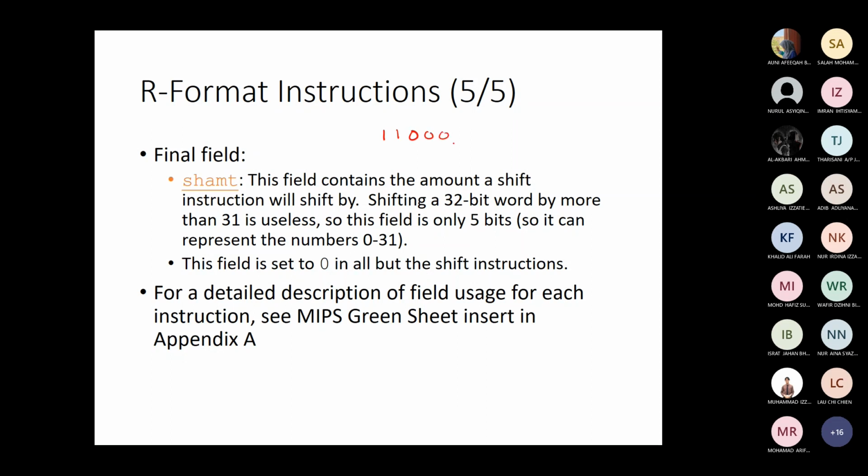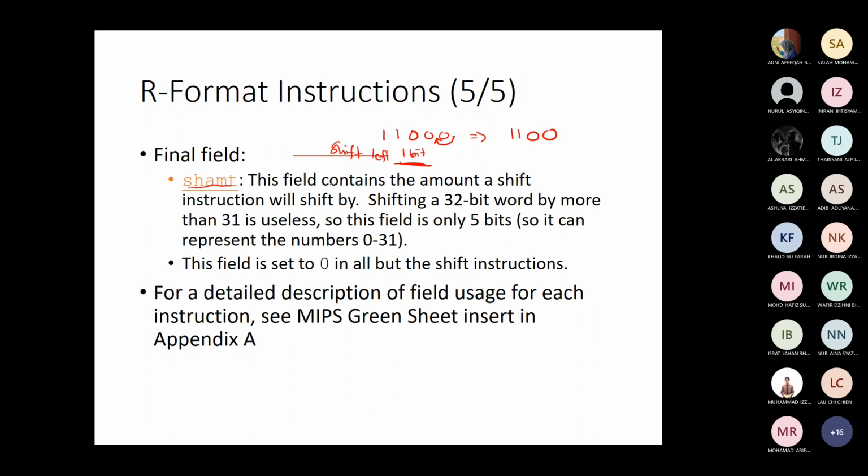When you want to shift left 1 bit, you move this dot to the left, so it would become 1100, just like that. So the number of bits that we need to shift would be stored in the shift amount.